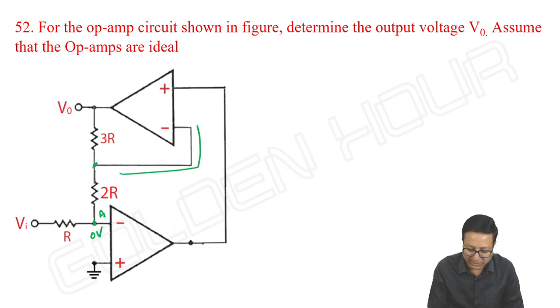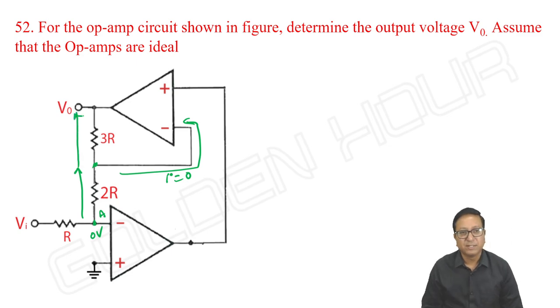But is there any current that is possible here? No. Whatever current comes here, the entire current will go up here only, which means 2R and 3R are in series, as there is no current possible into the inverting terminal of this amplifier A2.